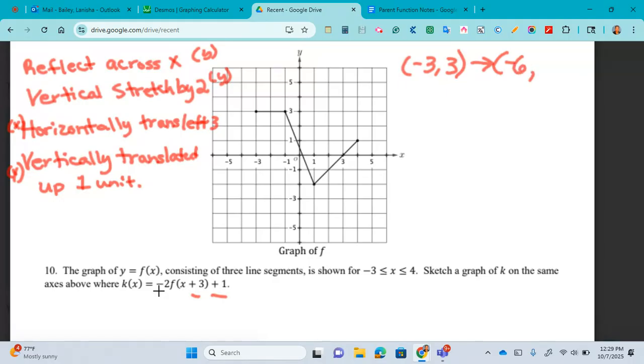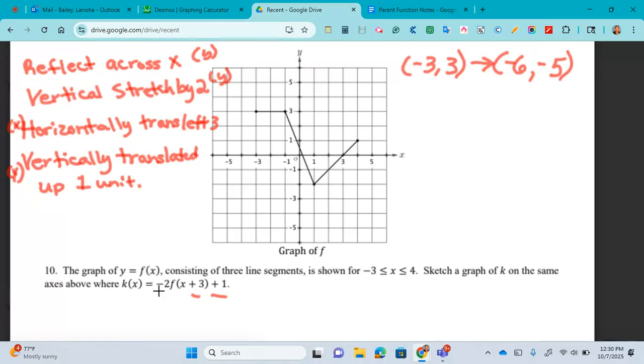All right. Reflected across the x-axis changes my y. So what was +3 turns to a -3. Then it was stretched by a factor of 2. So what was -3 is now -6. Excellent. And then it was vertically translated up 1 unit, -5. Y'all see how I did that?